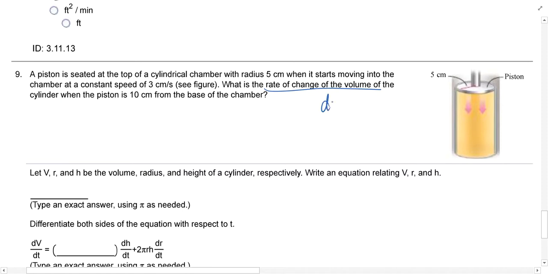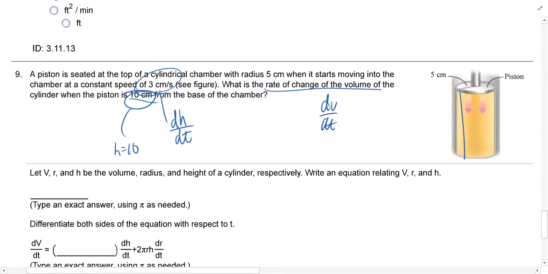So rate of change of volume is going to be dV/dt, while this movement here in the chamber is the change in height with respect to time, when the piston is 10 centimeters or has a height of 10 centimeters from the base of the chamber.